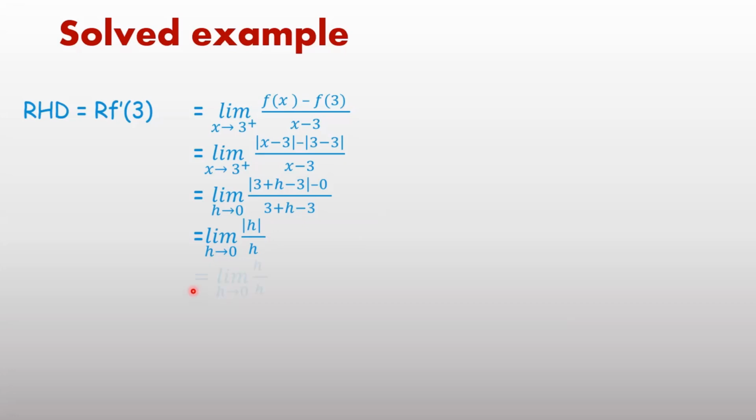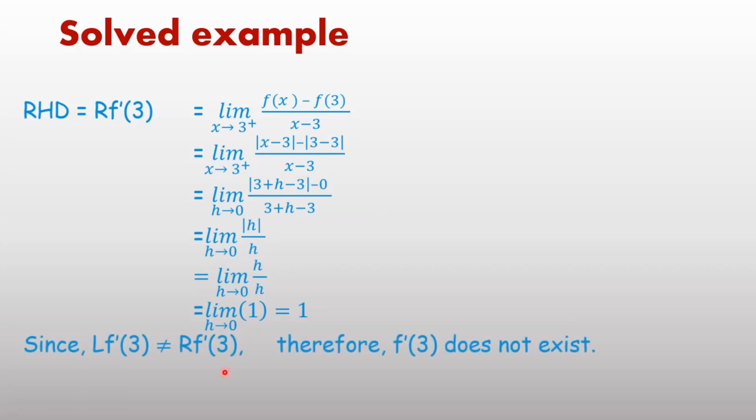Simplify, and after solving we are getting 1. The left hand derivative is minus 1 and the right hand derivative is 1. Easily you can observe that the left hand derivative is not equal to the right hand derivative. It means f dash 3 does not exist, or you can say the function f(x) is not differentiable at x equal to 3. In this pattern, if any question is given, you can check whether the function is differentiable or not.